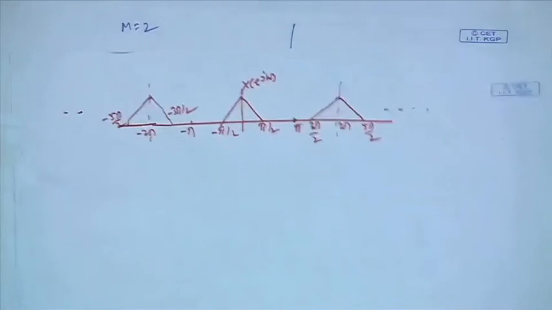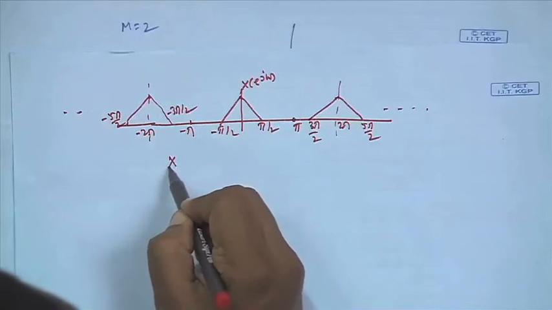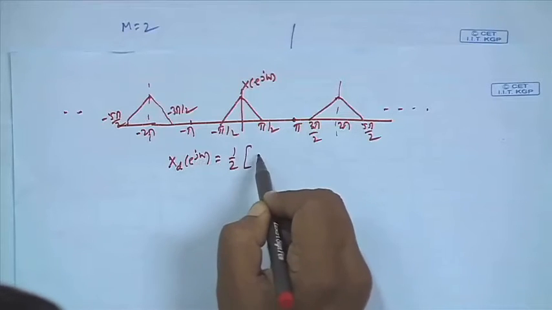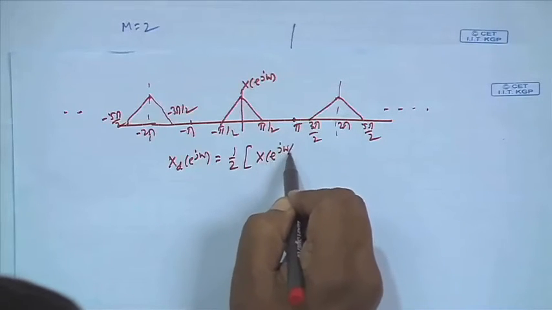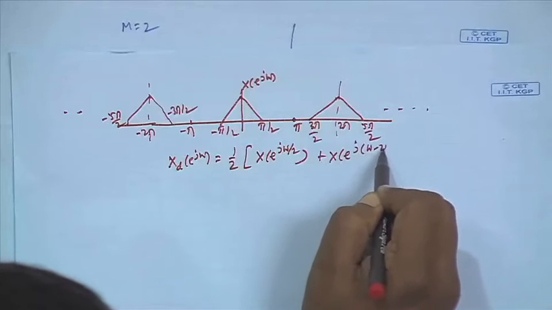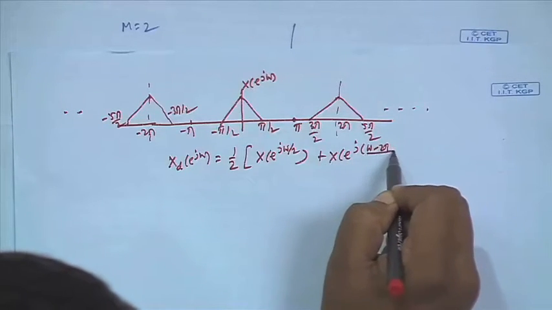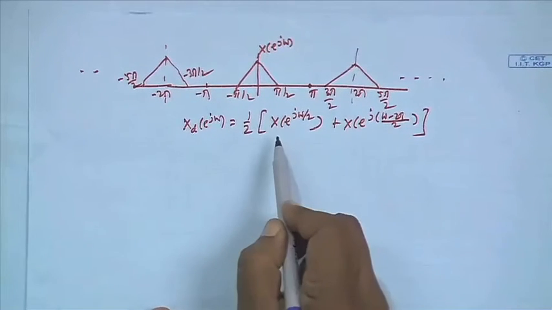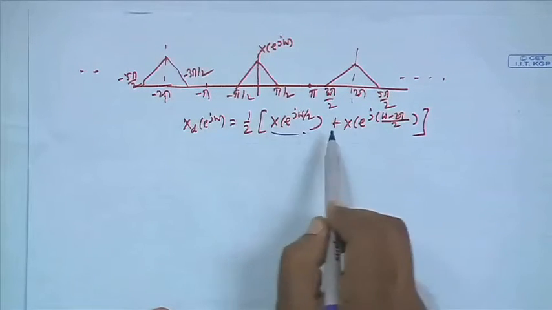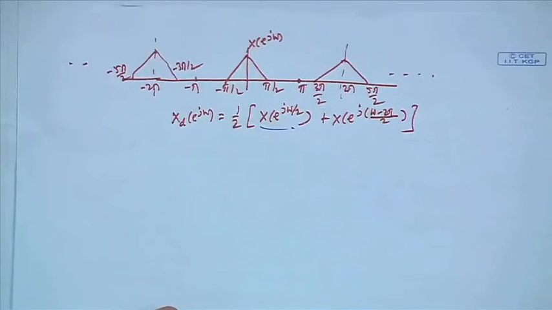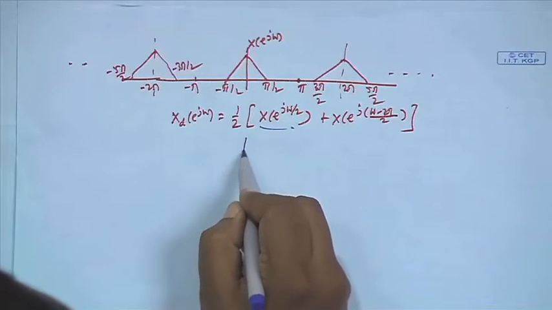Okay. We have to evaluate X_d e to the power j omega, which by that formula we have already written is X e to the power j omega by 2, another component X e to the power j (omega minus 2 pi) by 2. All right. So, let us find out this, then find out this, add and divide by 2. This divide by 2 is something I am not much bothered about. So, let us start with this guy.